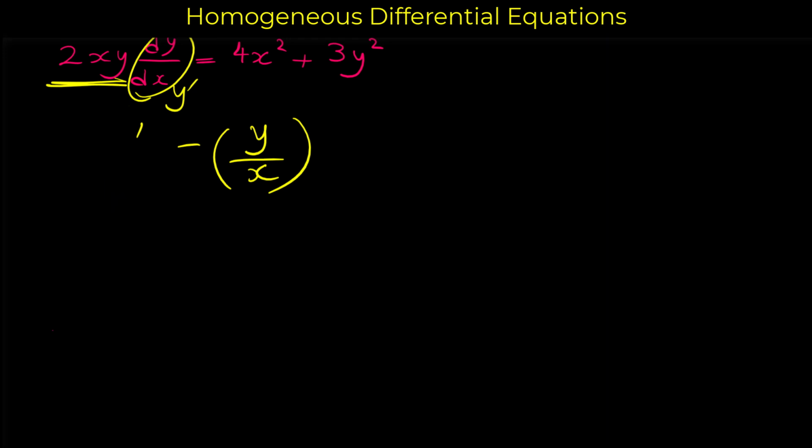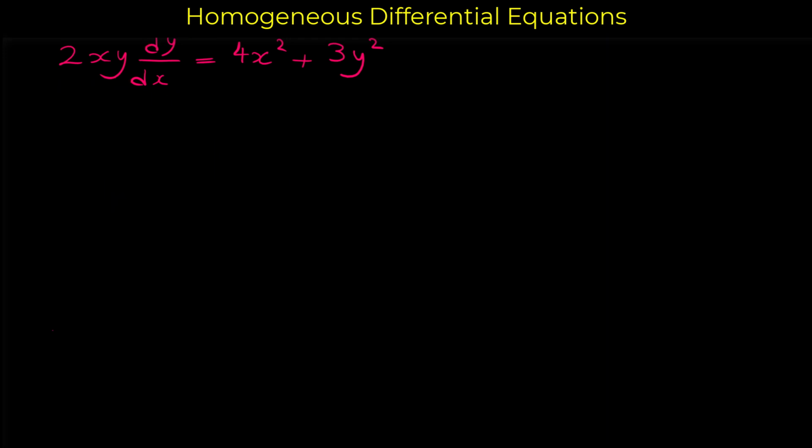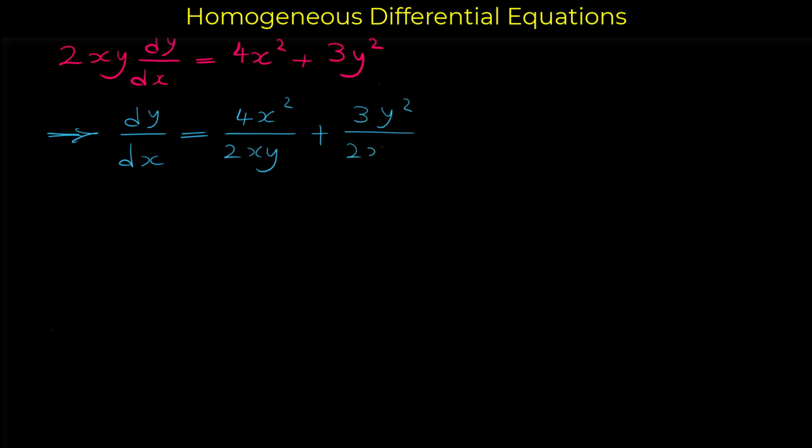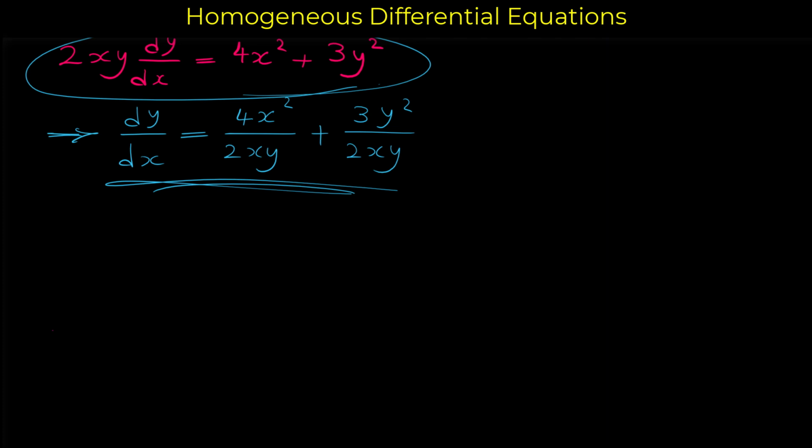So let's first divide both sides of this equation by 2xy, then we can see that the differential equation is a homogeneous differential equation. If we divide both sides by 2xy, then we have dy over dx equals 4x squared over 2xy plus 3y squared over 2xy.